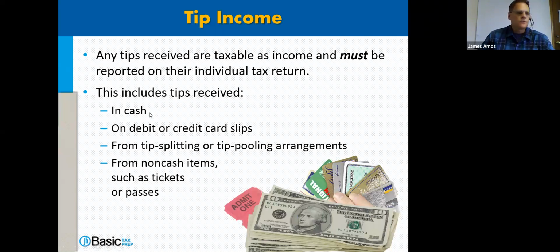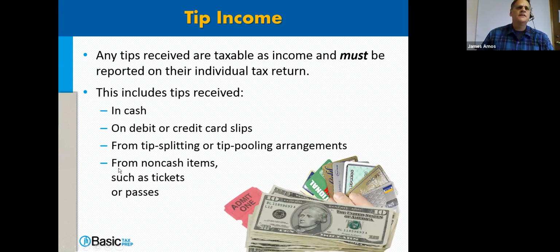Okay, so let's talk about that. These can be tips received in the form of cash, and that's what most people think of, or on debit or credit card slips, like when I go to a restaurant and I add a tip by writing it in rather than leaving cash on the table. It can be from tip pooling or tip splitting arrangements where everybody working there throws their tips together and then they divide it up.